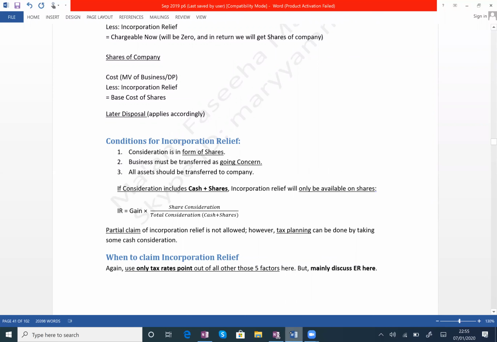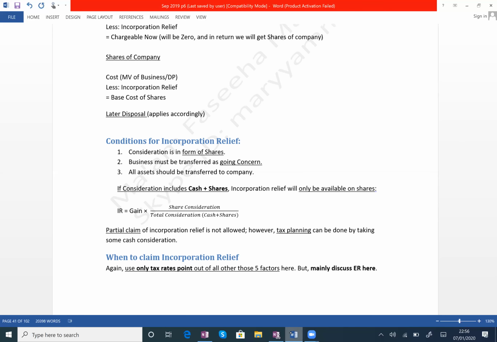Meaning, when I transfer the sole trader or partnership business to the company, my business must be a going concern business, not a ceased business. And the third condition is all assets should be transferred to the company. Meaning all assets of the business, land and building, plant and machinery, everything I have to transfer to the company. So there are three conditions.